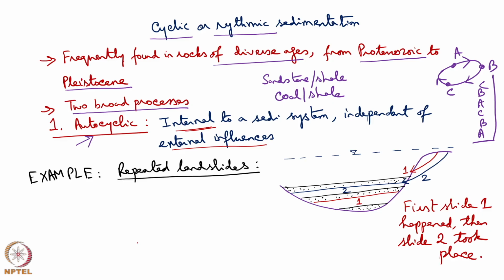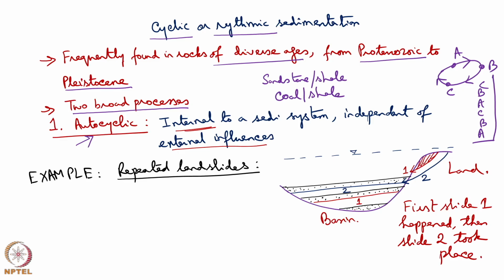I give a very specific example here of repeated landslides in the marine environment, and there can be other cases also. So, this is a basin and this is the land part. Now, from the land part, imagine rock material slid down and got deposited in the basin.